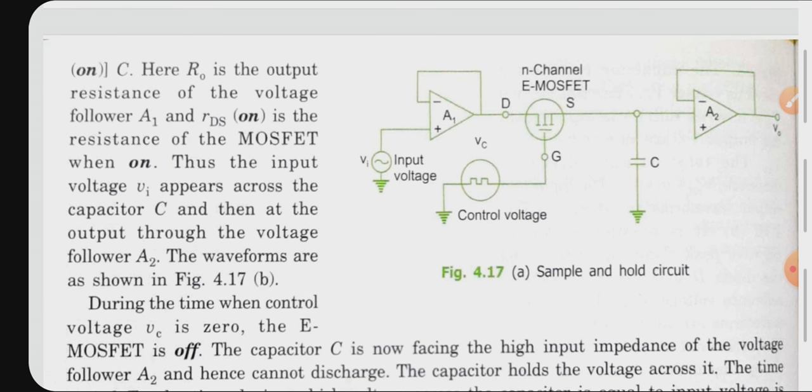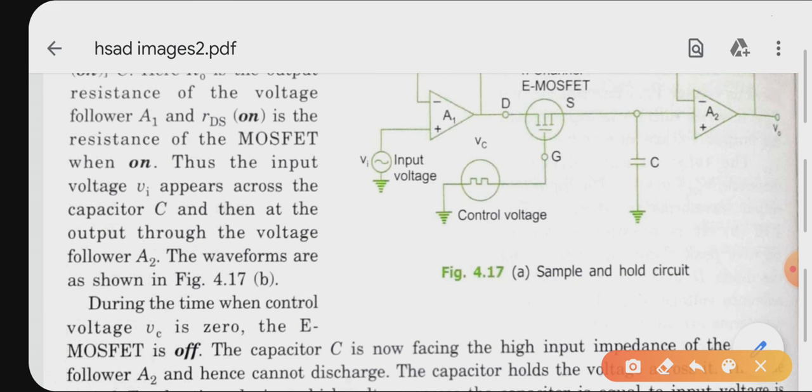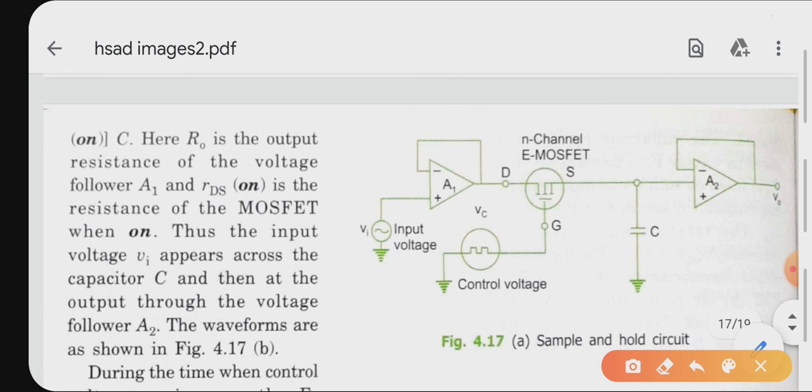Here you can see that there are two operational amplifiers, A1 and A2, connected in unity gain configuration. Unity gain means no feedback resistors used, just the output is given back to the inverting input terminal in both cases. Input Vi is applied to the non-inverting terminal of A1.